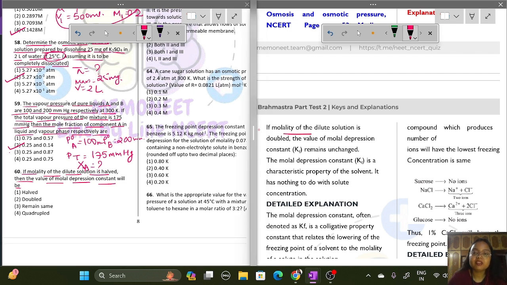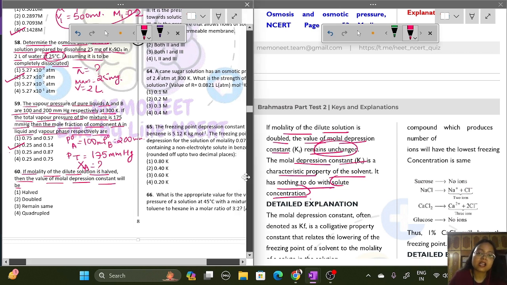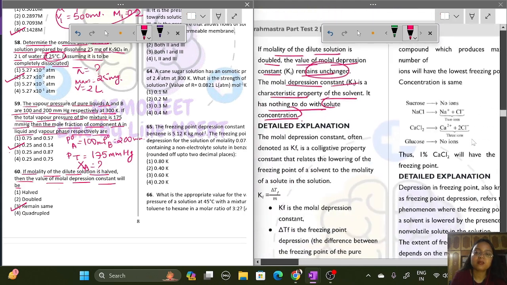If the molality of the dilute solution is doubled, the value of molar depression constant remains unchanged, because the molar depression constant is a characteristic property of the solvent and has nothing to do with the solute concentration. It does not depend on the solute concentration, it depends upon the solvent. So the answer is remains same, option number 3.